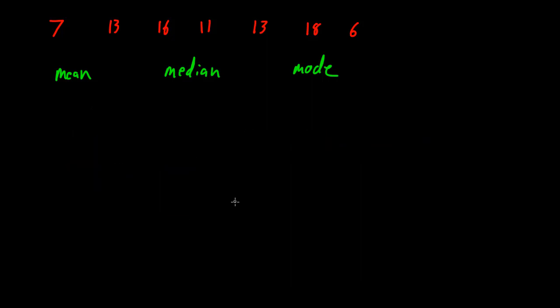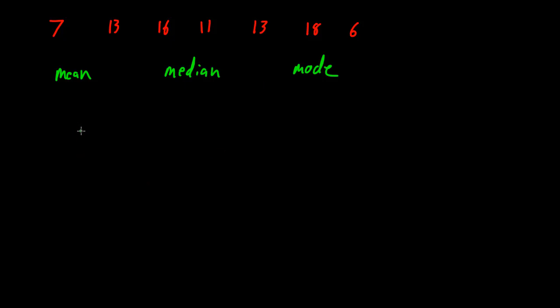The second measure of central tendency that we're going to talk about is the median. And the median is just the central value if we organize our values in increasing or decreasing order. So to do that, we're just going to take all of our 7 values up here and put them in increasing order.